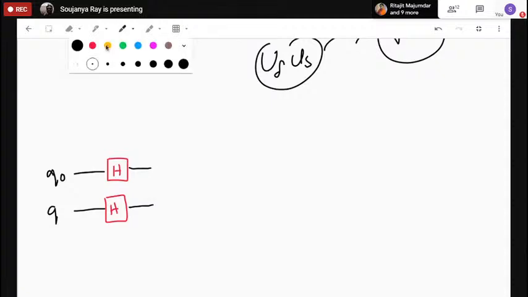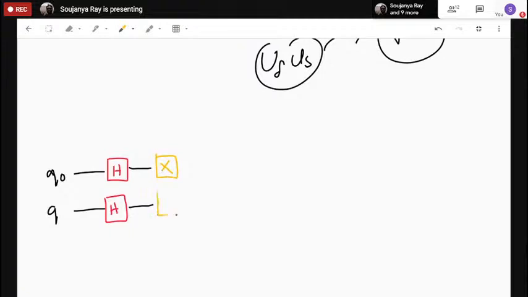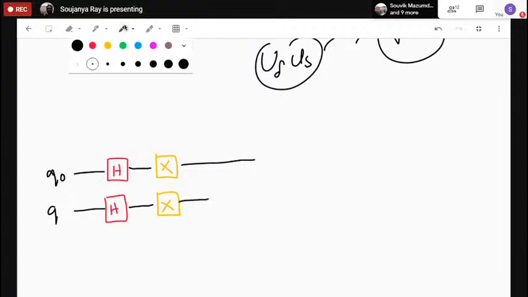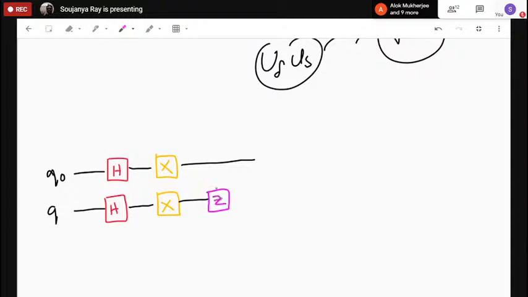So we need 2 X gates here, and these X gates are the NOT gates that we saw previously. And from there, we need, let me draw it, then I'll be explaining. So using a different color, this is a Z gate, control here.